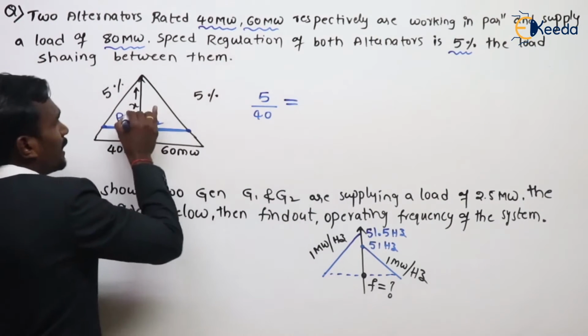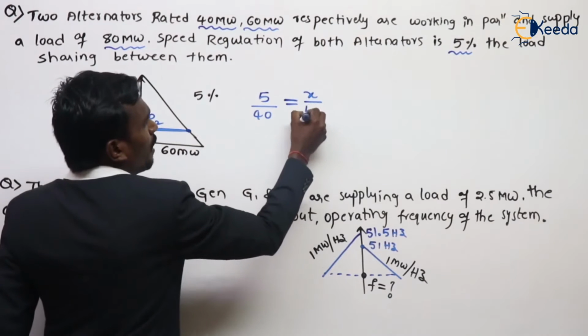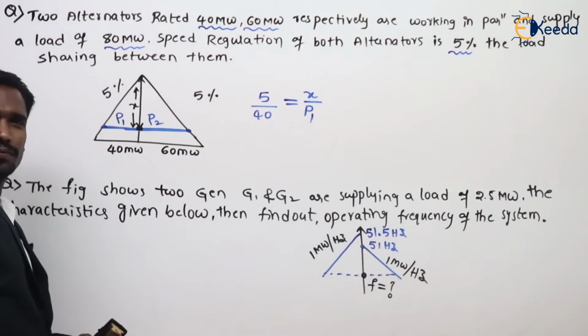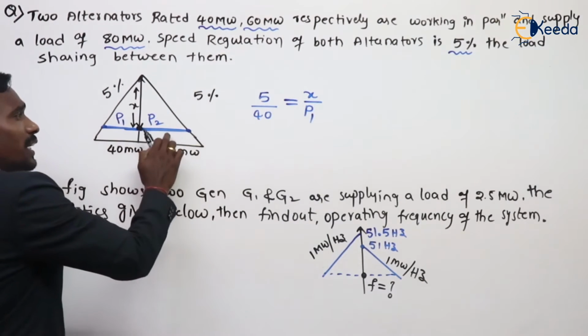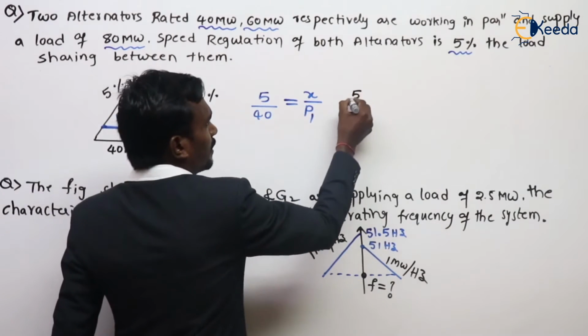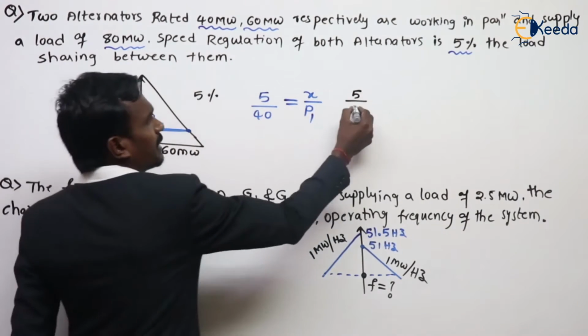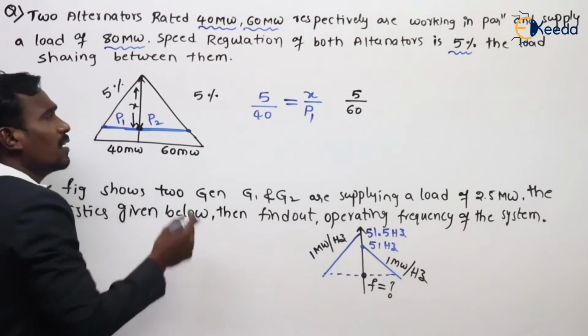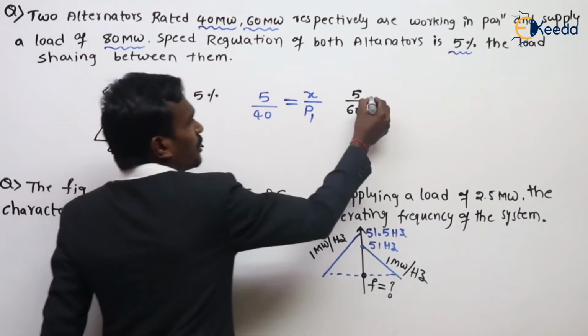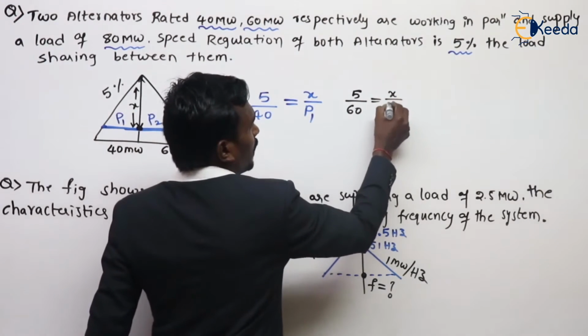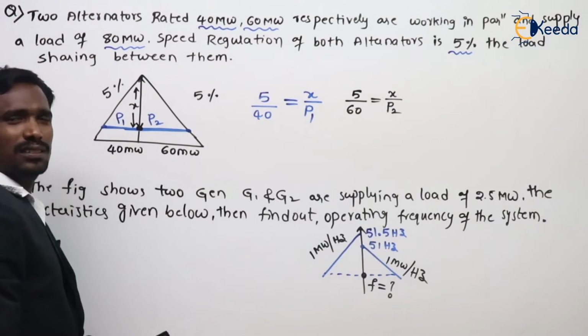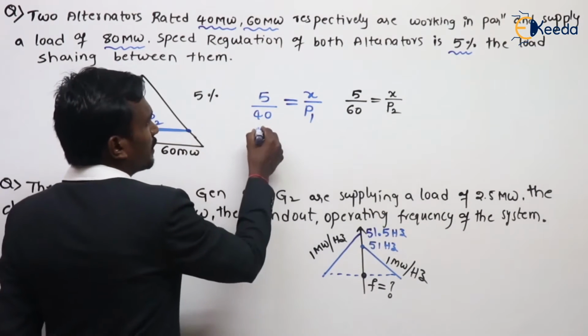But for X% regulation, what is the power? Similarly, for 5% regulation, 60 megawatts. For X% regulation, what is the power?